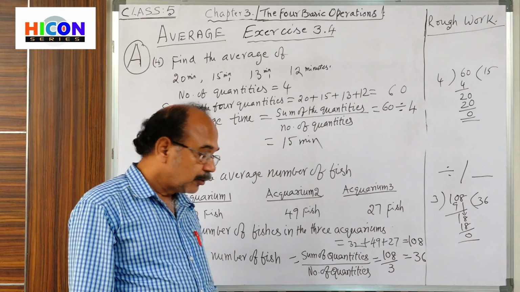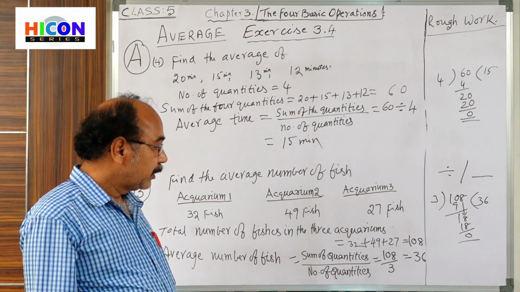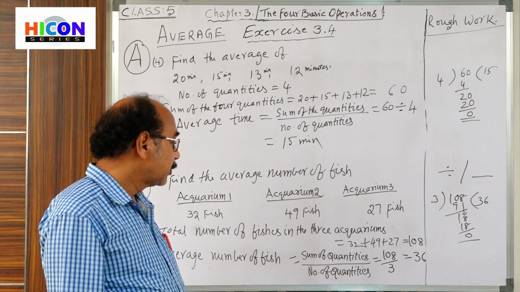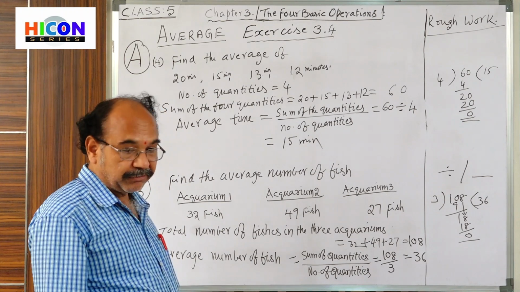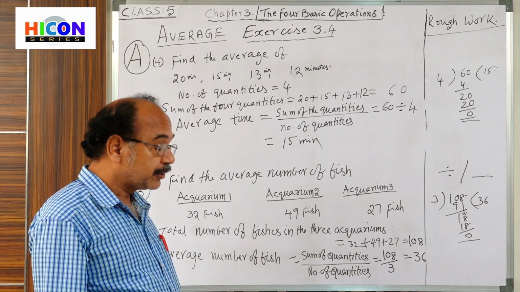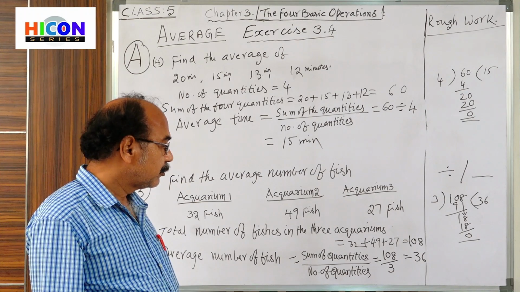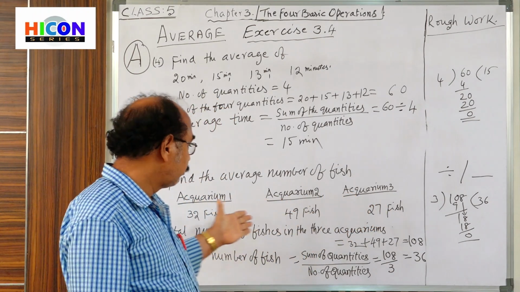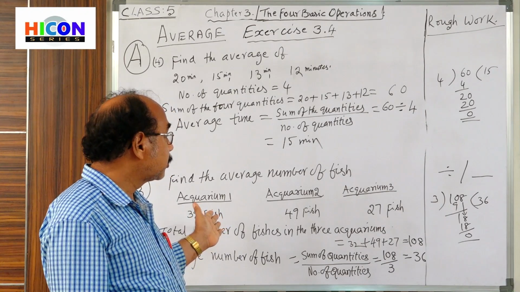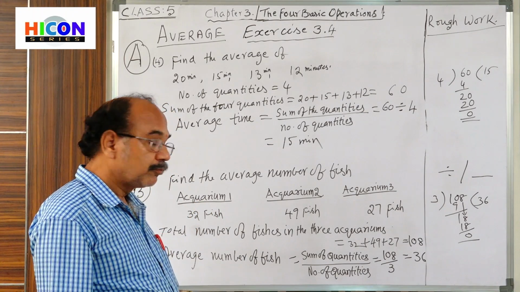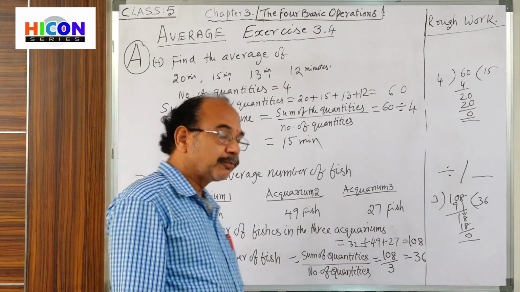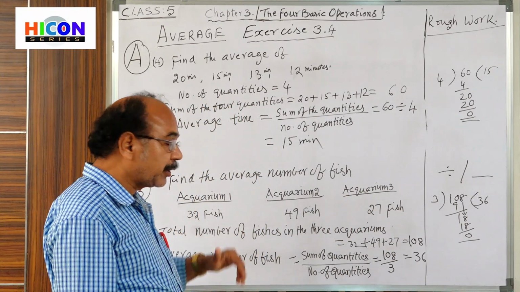That means, on an average, 36 fish in each aquarium. But actually here, 36 is not in this group. On an average we will tell 36 fish in each group, each aquarium 36 fish.